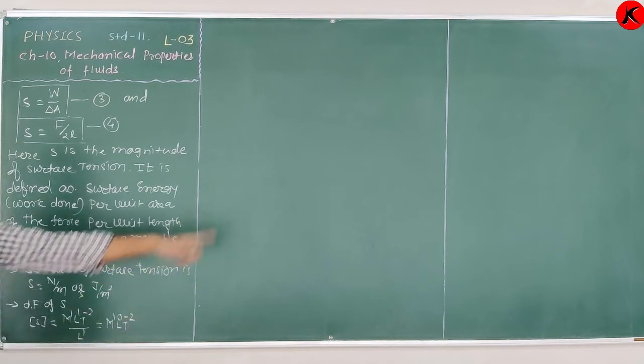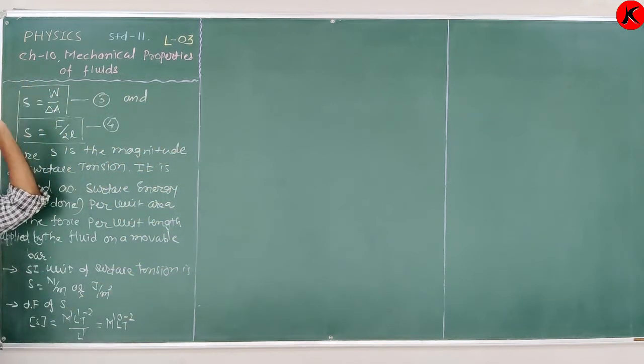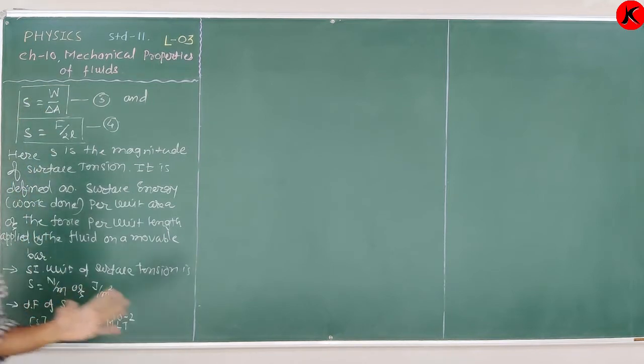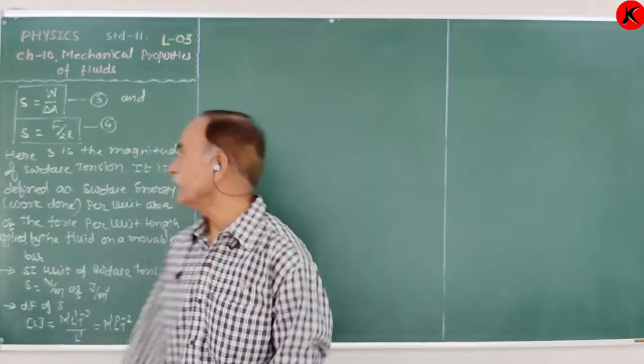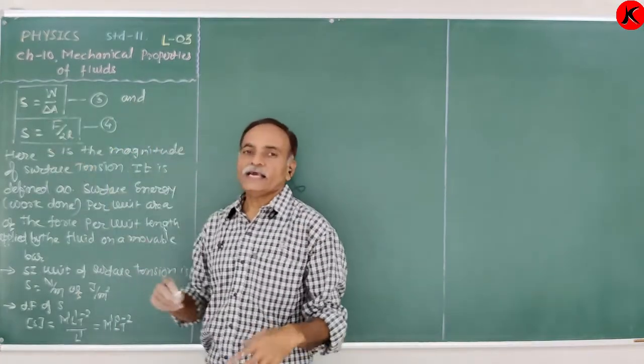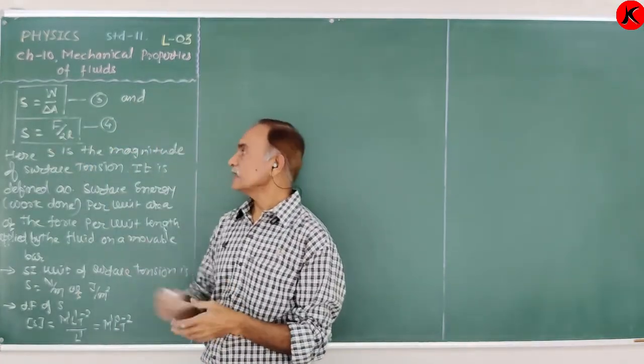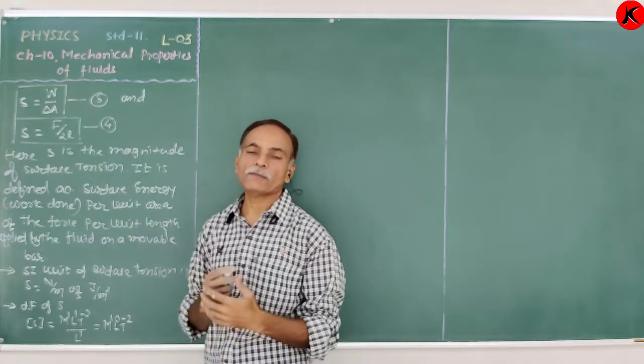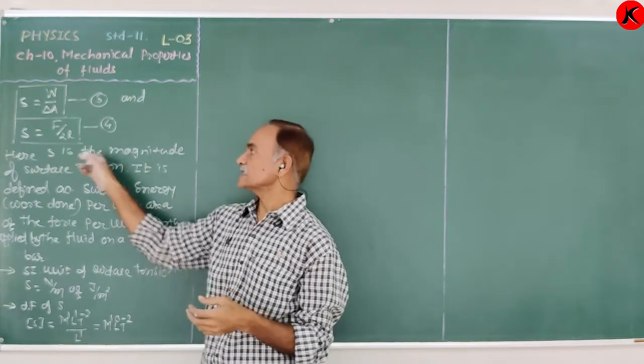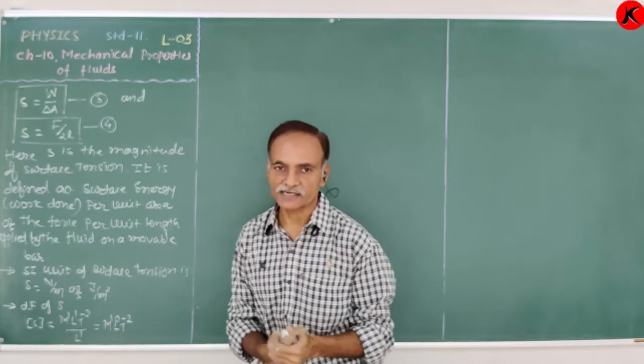Clear? Already we did this equation. The surface tension is equal to work done per unit area. Substituting the value of work done, W is equal to Fd, and delta A is 2Ld, d cancels, therefore S is equal to F upon 2L. Here S is the magnitude of surface tension.